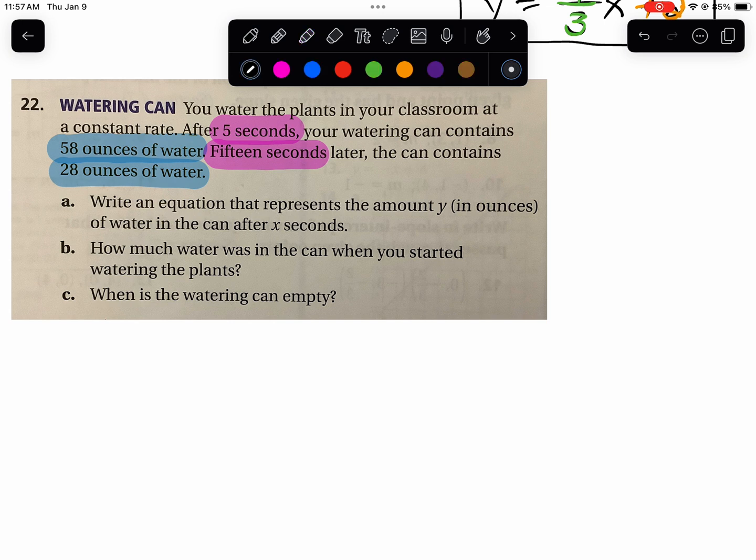A says write an equation that represents the amount y in ounces. Okay, so y is going to be our ounces of water, and x time in seconds.